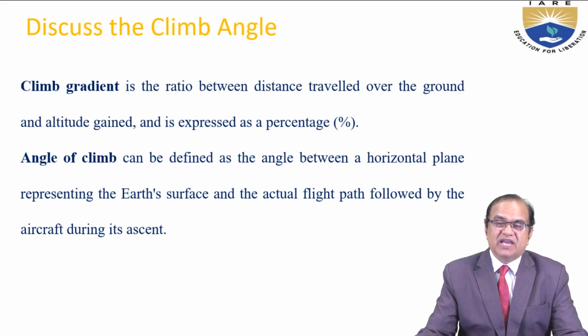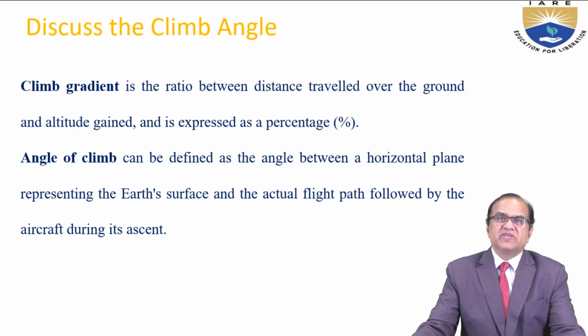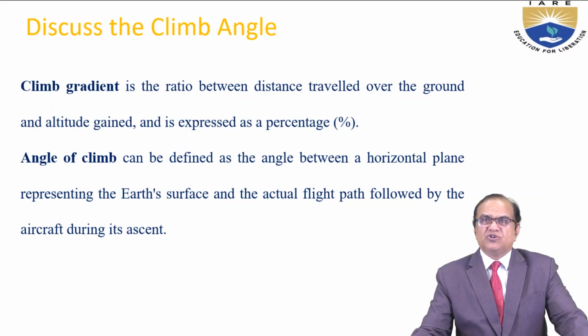Discuss the climb gradient. Climb gradient is the ratio between the distance traveled over the ground and altitude gain, and is expressed as a percentage.